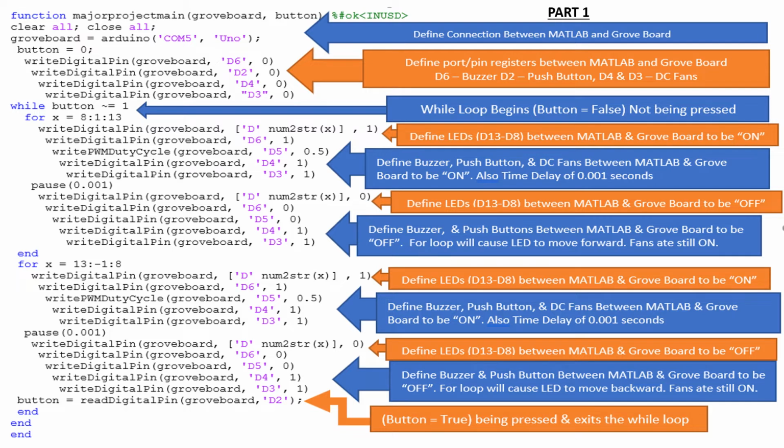The for loops turn the LEDs and buzzers on and off at a specific time delay of 0.001 seconds, while the DC fans remain on, and this process repeats a specific number of times, causing the LEDs to move forward and backwards, turning on and off in a sequence. Finally, to exit or stop the code, simply press the push button to make the loop condition true so that it stops the technical widget.